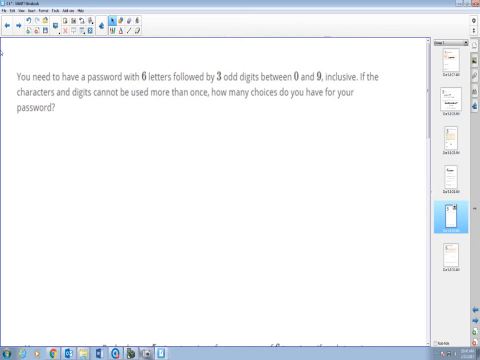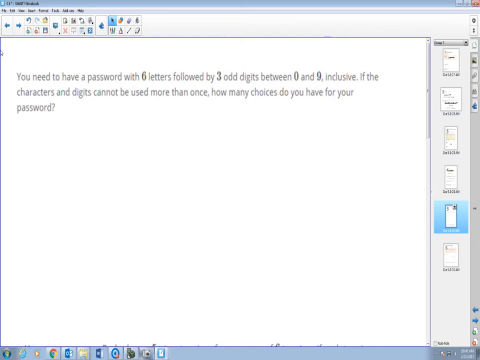All right. If the letters and digits cannot be used more than once, that means once I pick a letter, I cannot pick it again. How many choices do you have for your password? For a problem like this, I'm not quite sure yet how whether order matters comes in.